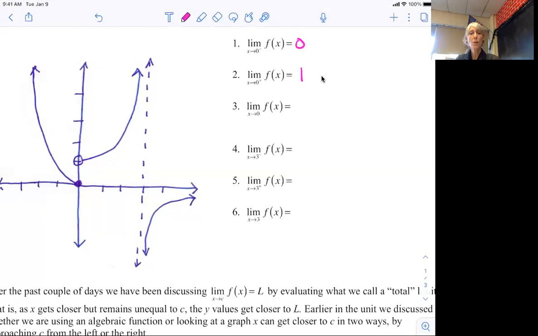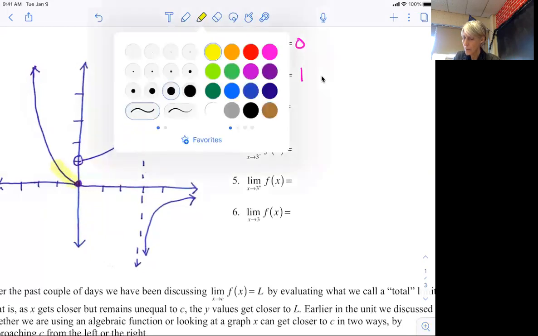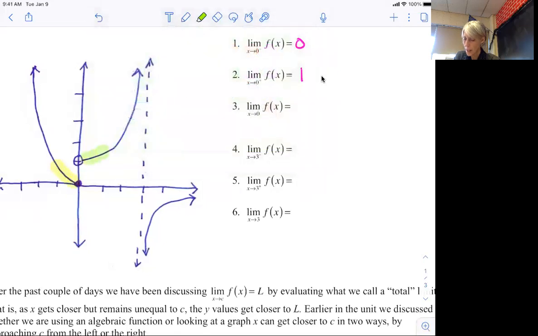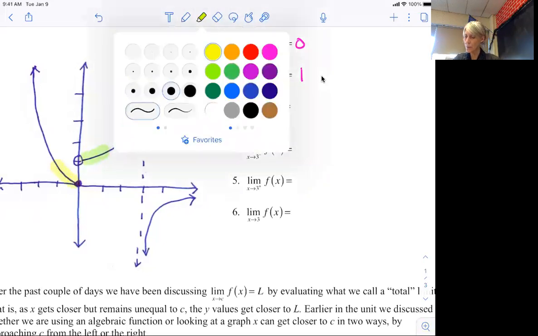The limit as x approaches 0. Now I have to consider both directions. So let's look there and look there. Are my highlighted sections going to the same value?